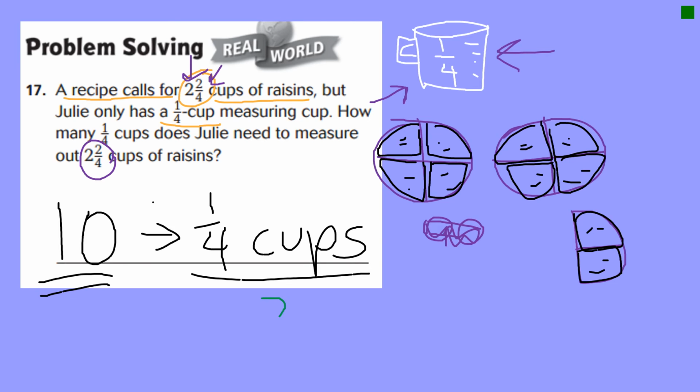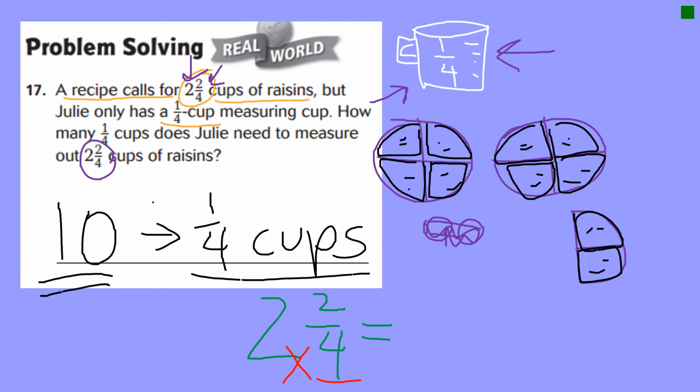So guys, what did we just do? We looked at 2 2/4 and we changed it. We renamed it into a fraction. We knew it was 2 sets of 4.